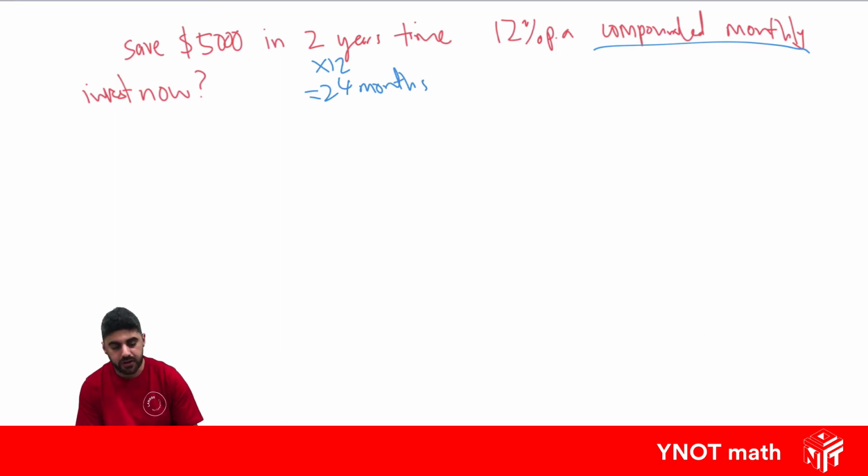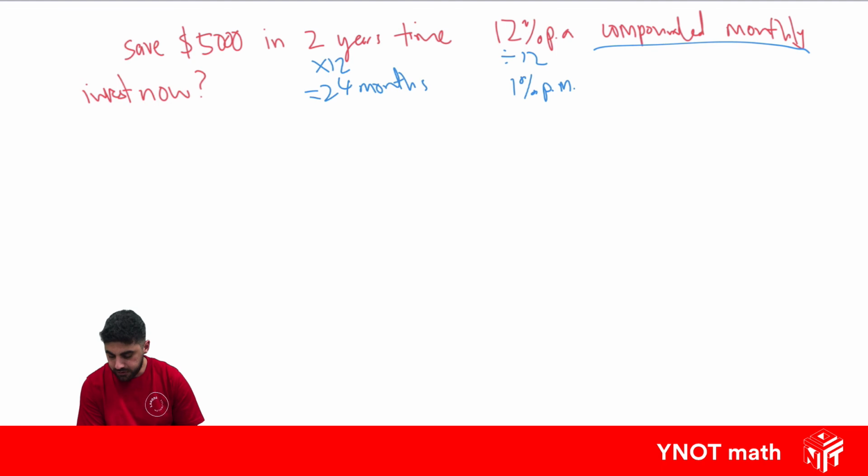And to convert a rate from years to months, we need to divide it by 12. And that's going to give us 1% per month, which makes sense because if it's 12% per year, it's going to be 1% for every month in that year.